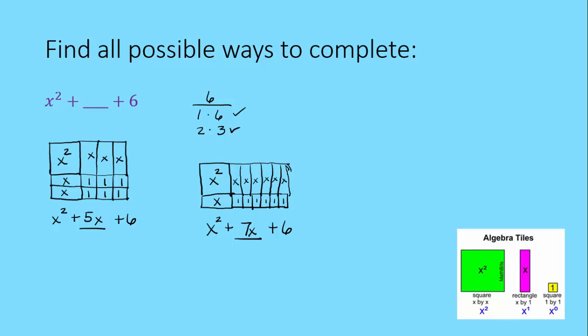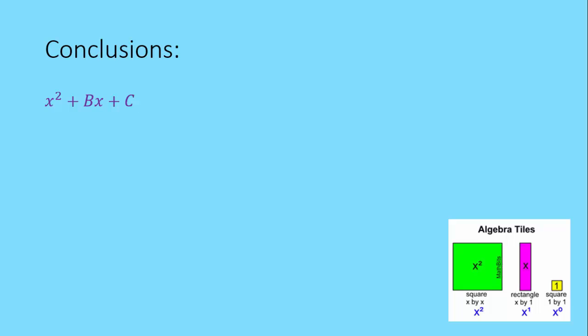So similarly to the previous example, notice that there is a pattern between these factor pairs and the sums for that middle term. If we add the factor pairs together, we get 7 for that one, we get 5 for this one, and those are the middle terms that we got. Interesting. So here's the conclusion we can come to.